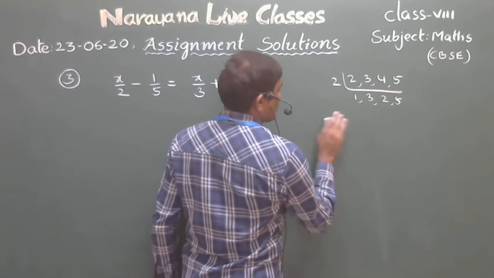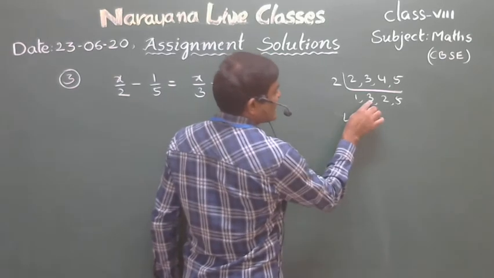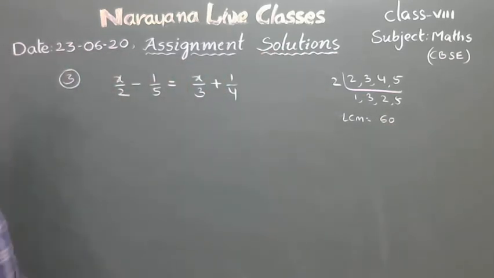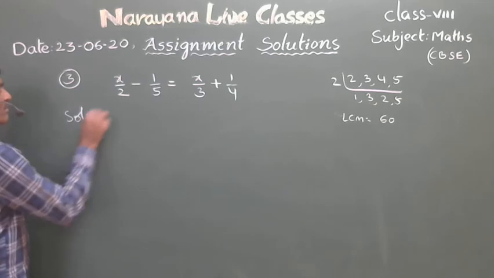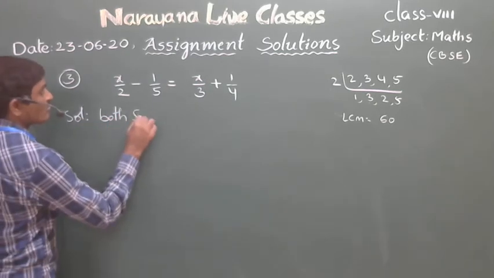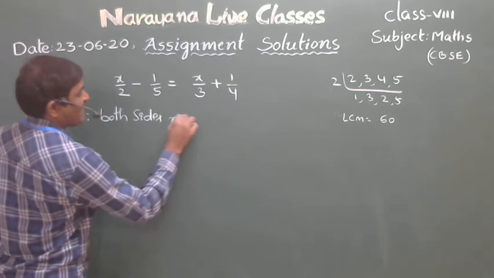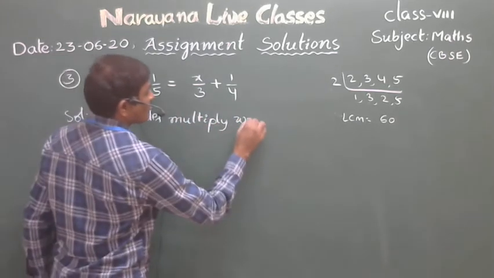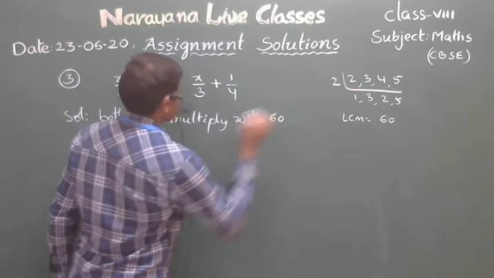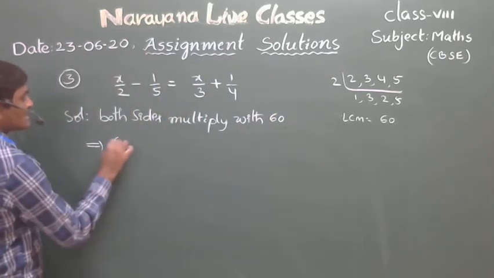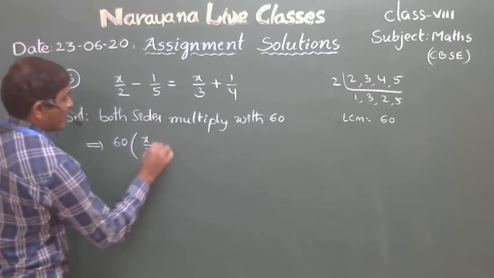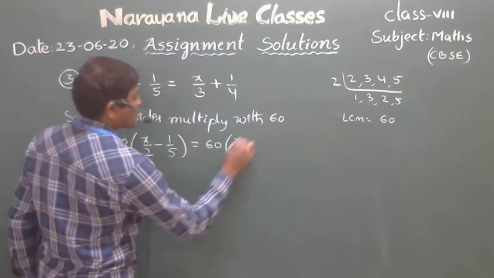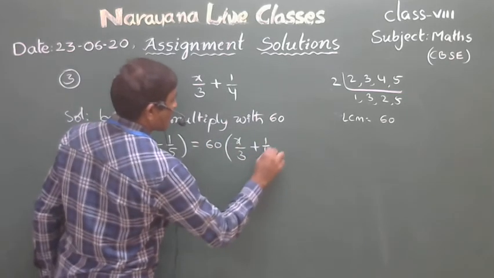So LCM is equal to 2 threes are 6, 6 twos are 12, 12 fives are 60. So multiply both sides with 60, which gives 60 into (x by 2 minus 1 by 5) equal to 60 into (x by 3 plus 1 by 4).